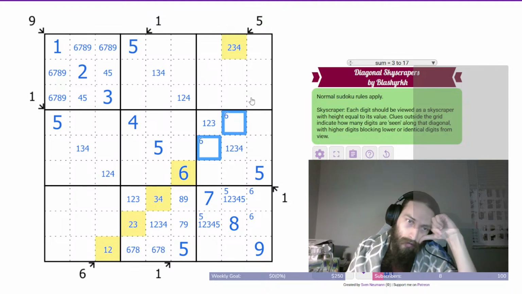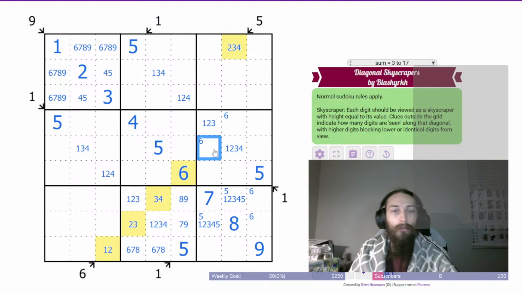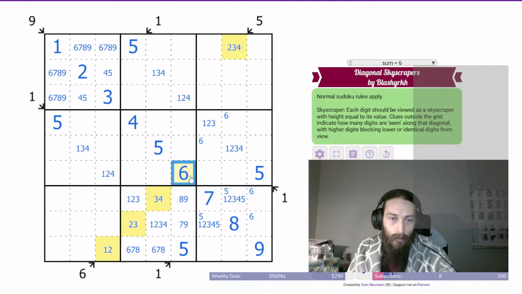I don't know if that gets us that much farther. But we just said that 6 has to be one of these two, and we know that that 6 is not seen. Right.